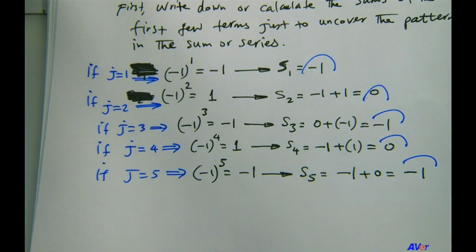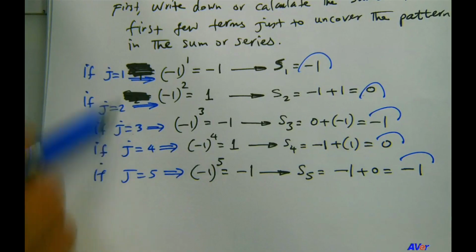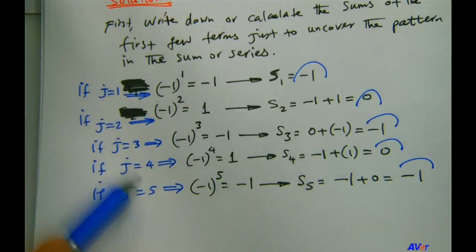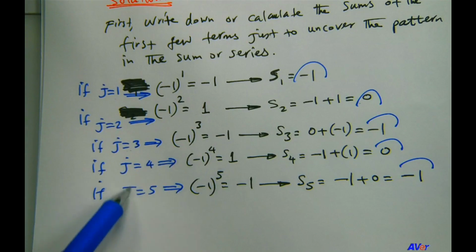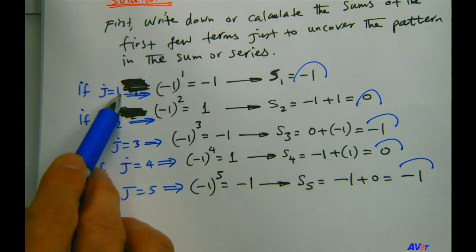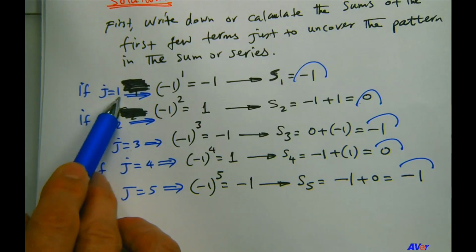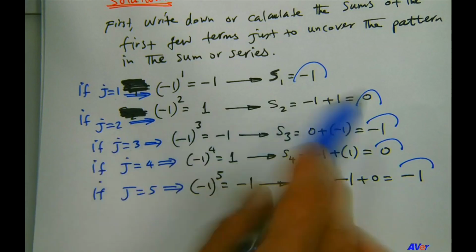So this pattern is clear. Now take a look at the partial sum index, how many numbers we're adding, and what connection that has with the value we're getting. If we're adding an odd number of values in the sum, we get negative 1. An even number, 0.